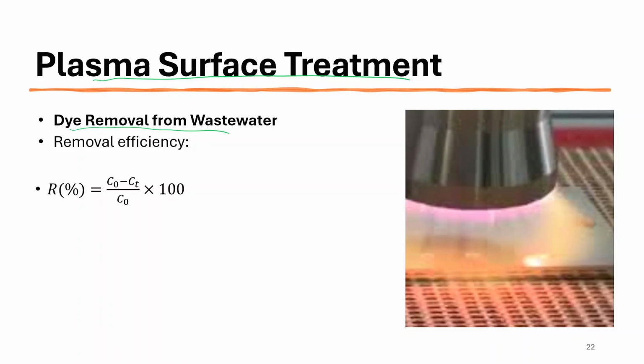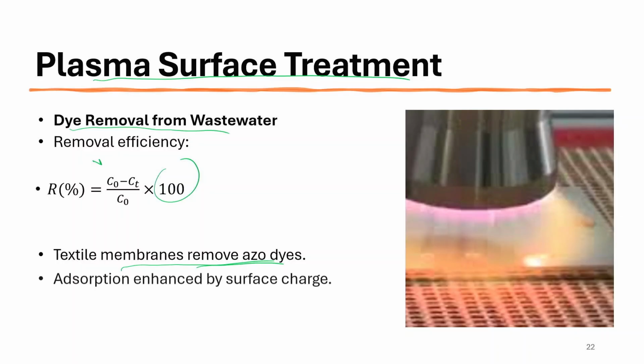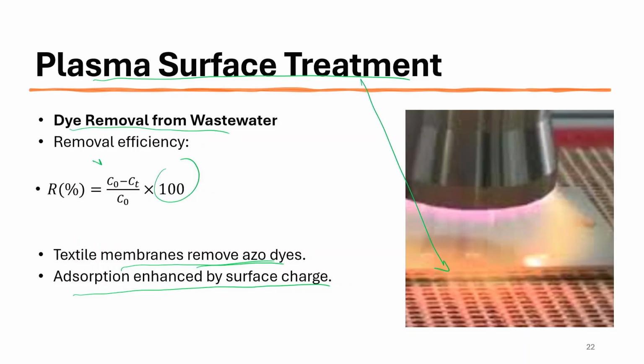The removal efficiency is R = (C0 - Ct)/C0, expressed in percent. C0 is the concentration of input dye. So, textile membranes are used to remove the azo dye, which is harmful for human health. So, this adsorption is enhanced by the surface charge, because the plasma treatment increases the surface charge, and these azo dyes are adsorbed on the surface.